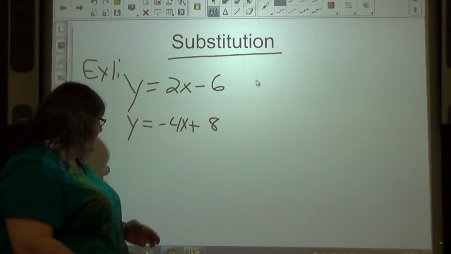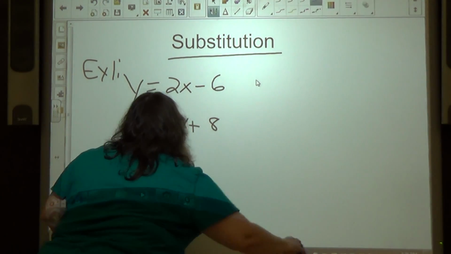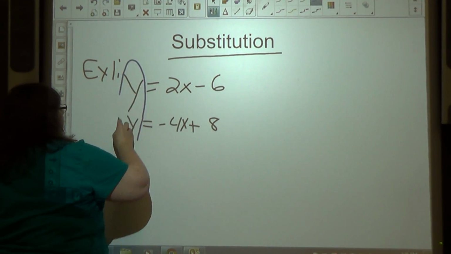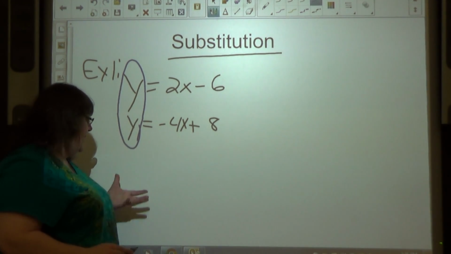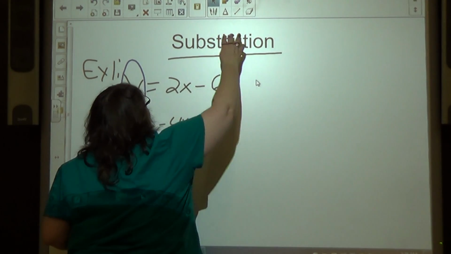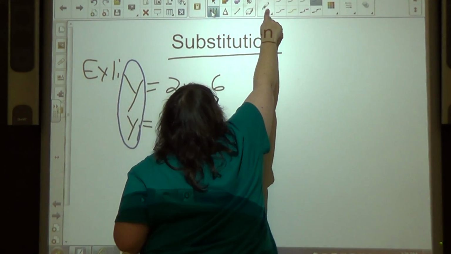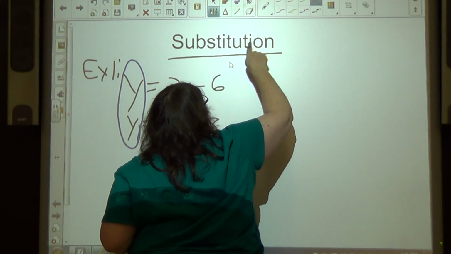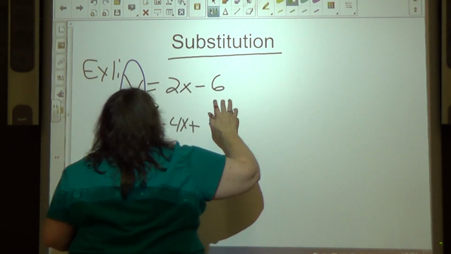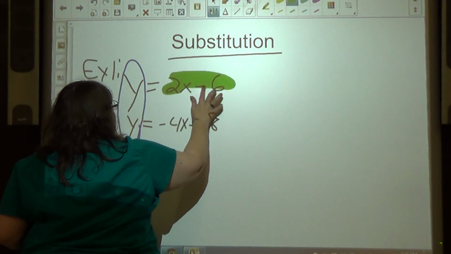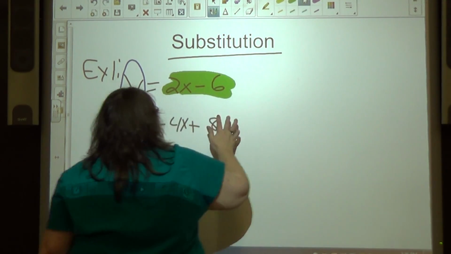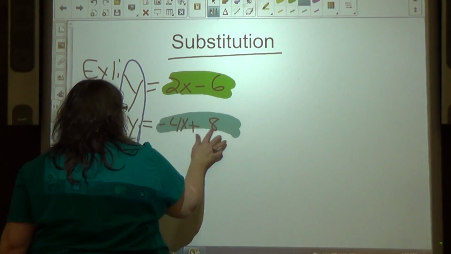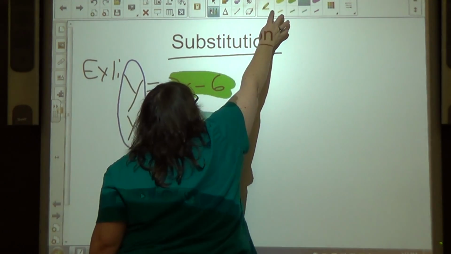So, how do I do this? Well, I have the same variable on the left, y. That means I can take the 2x minus 6 and set it equal to the negative 4x plus 8, okay?